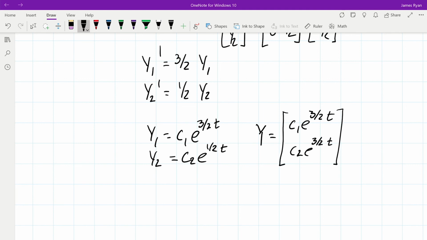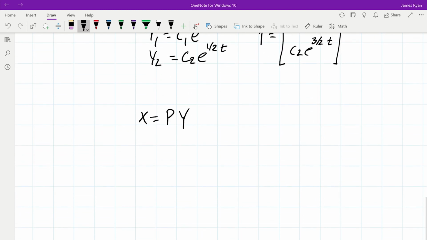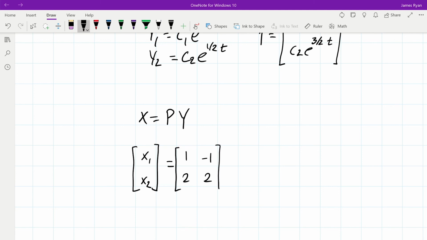Now we have that, and we also know that x is Py. So x, which is x1, x2, is 1, 2, negative 1, 2 times c1 e to the 3 over 2 t, c2 e to the 1 over 2 t.